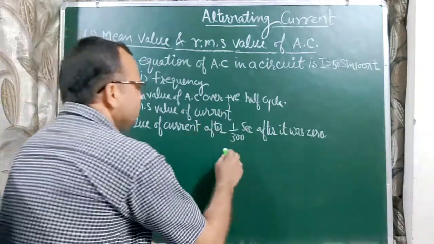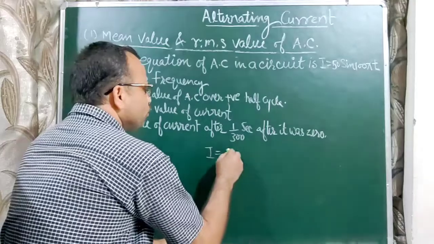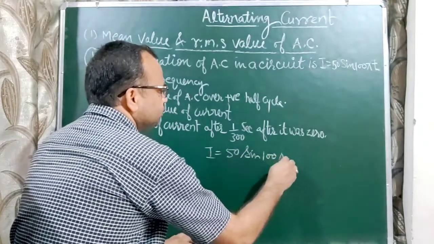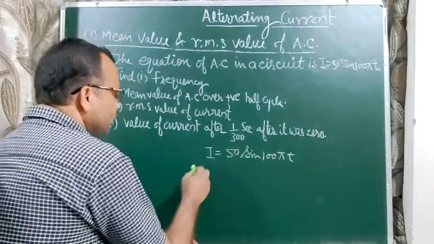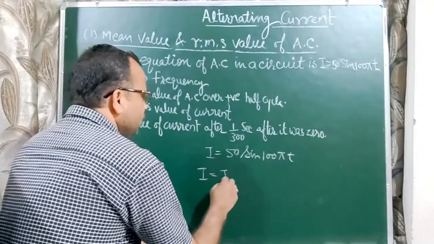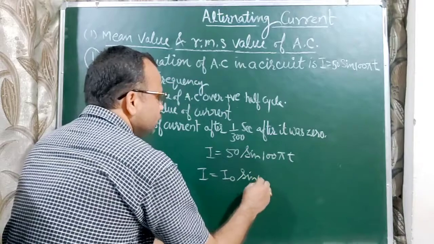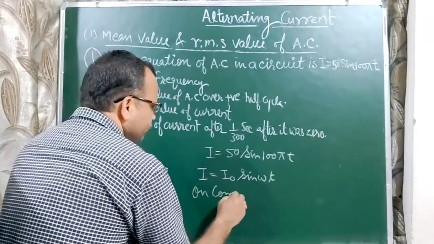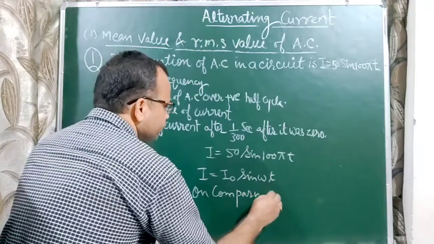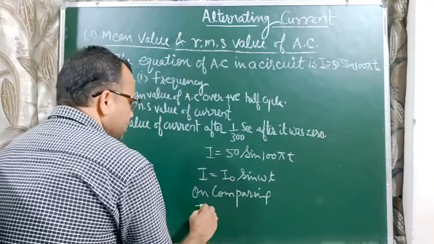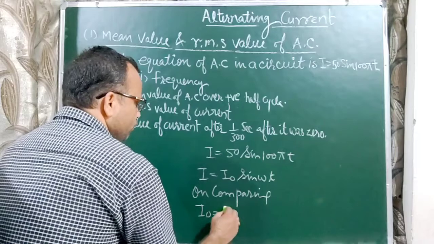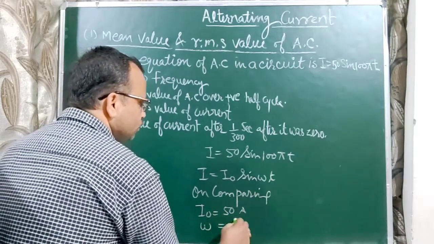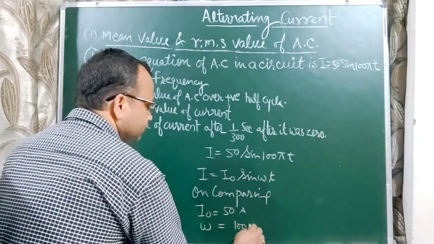Okay, so it is given that I equal to 50 sin 100 pi t. As we know that I equal I0 sin omega t, so on comparing, we will get I naught equal 50 ampere, omega equal to 100 pi.